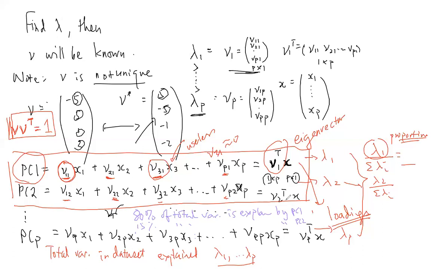Remember, our gain in principal component analysis is the reduced dimension, and the loss is the amount of information that is lost by reducing the number of dimensions. But the trade-off may be okay.